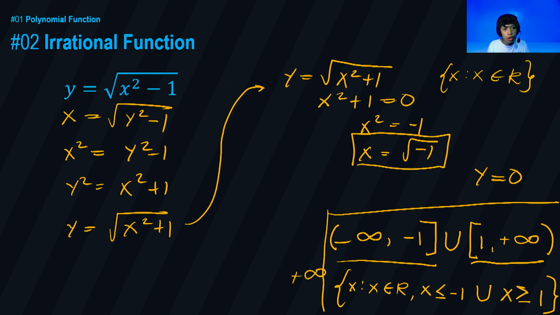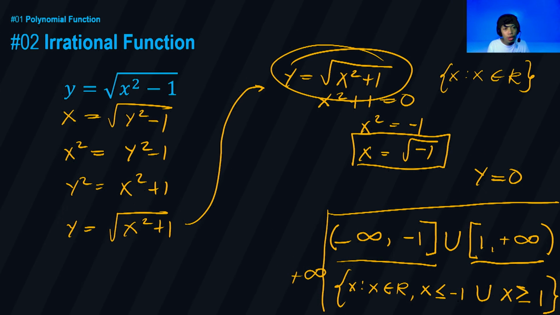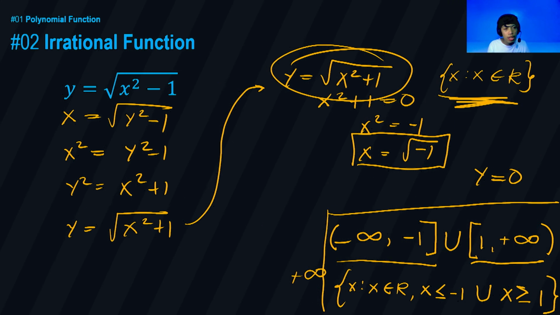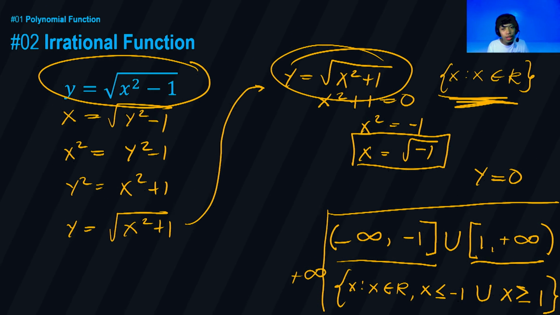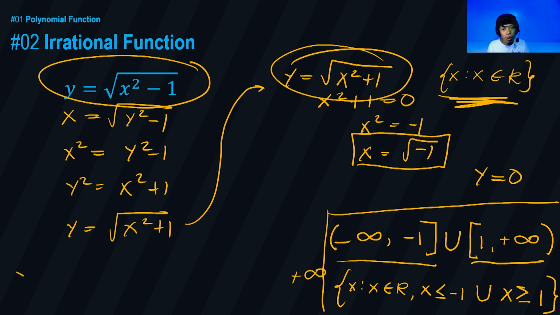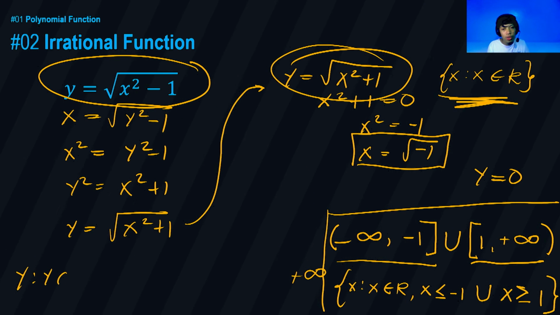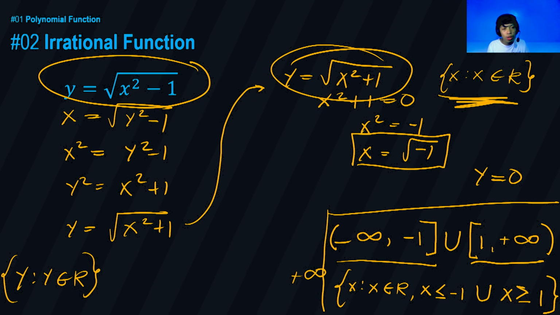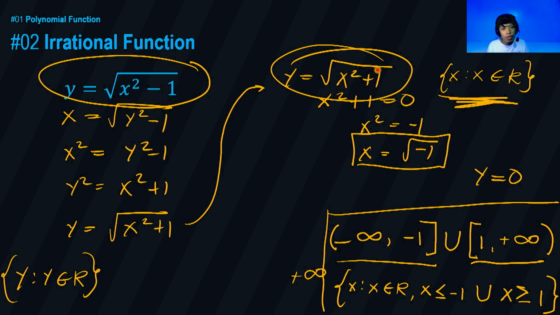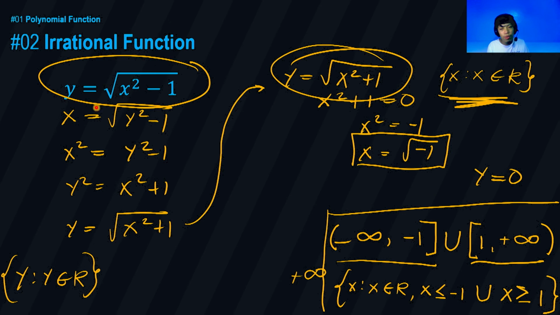That is for this equation. But ang domain niya is actually the range of this one. Okay? Naintindihan? So you could say that the range is actually y such that y is all real number. And so the domain of this function is actually the range of this function.